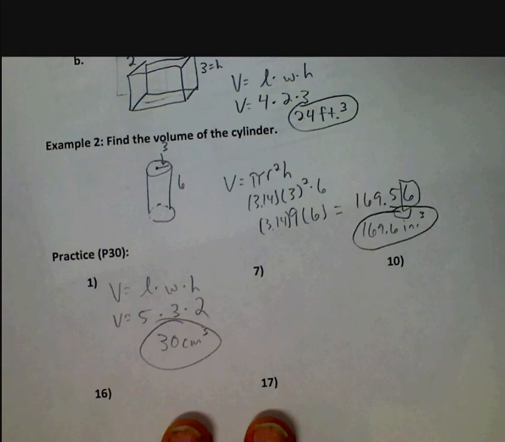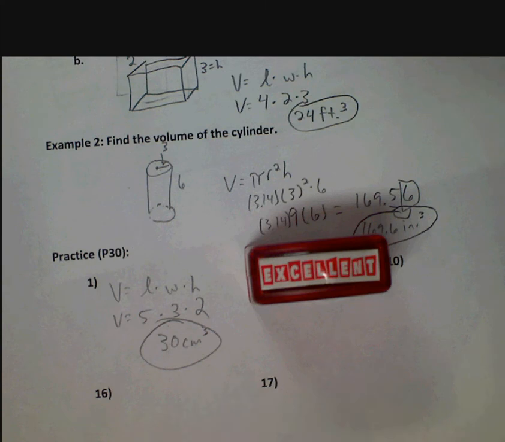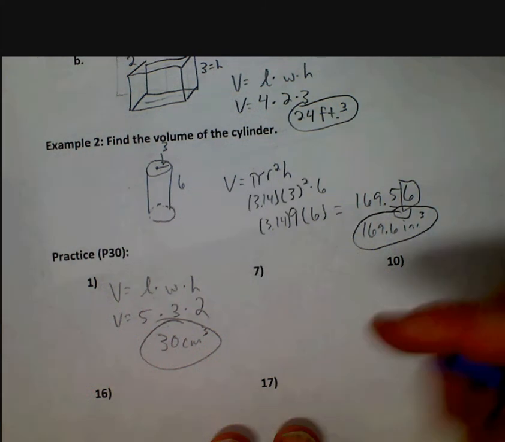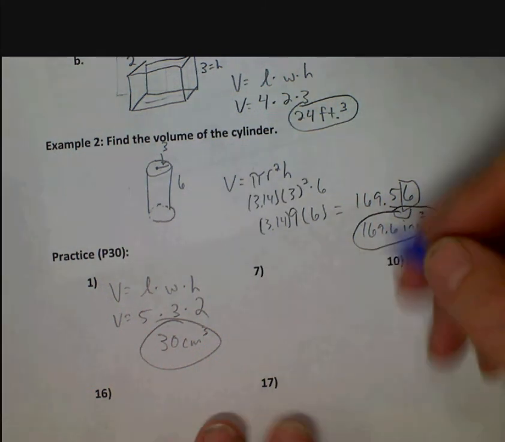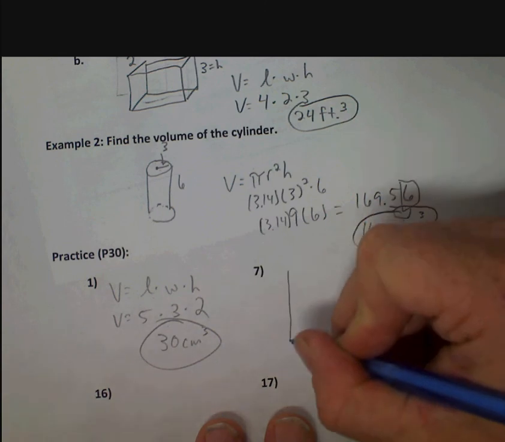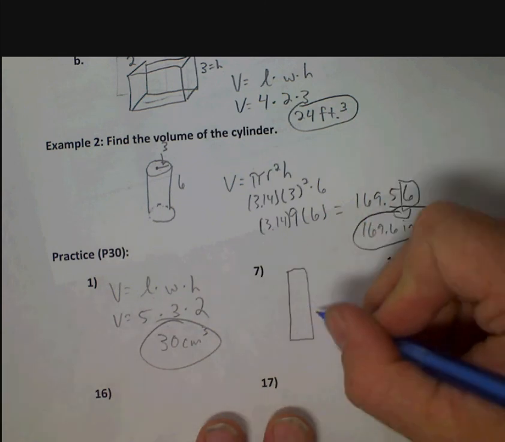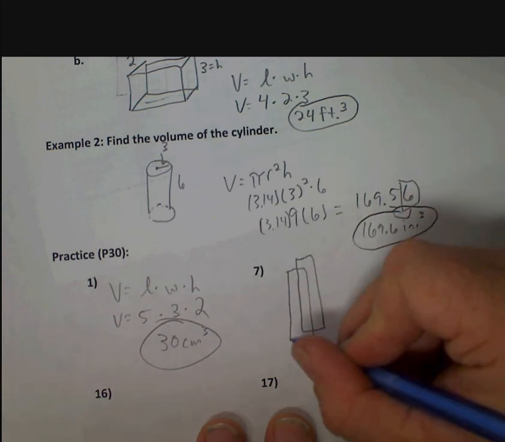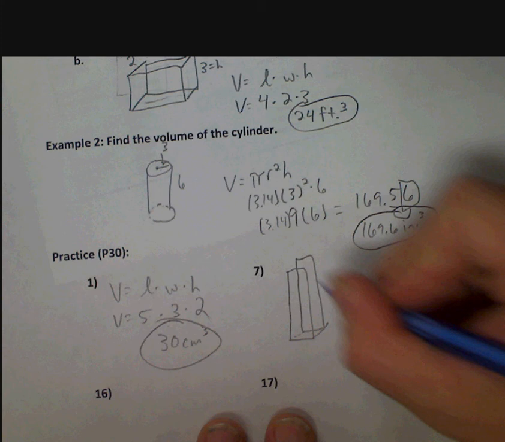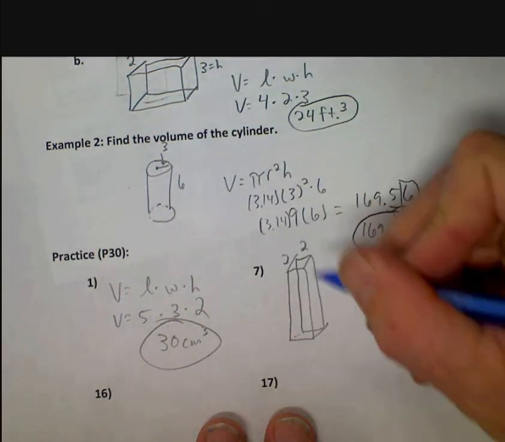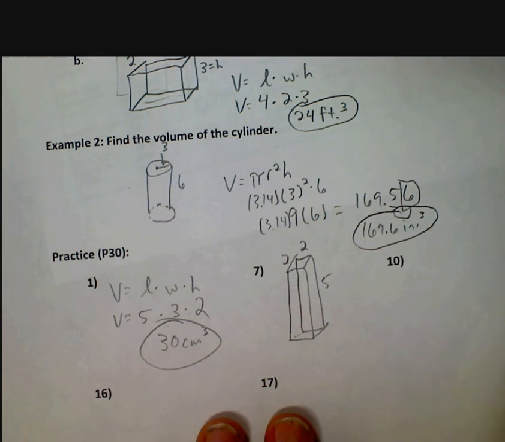Go ahead and try number 7 and pause the video. Number 7, I am given a rectangle that looks like this. You don't even have to draw these if you don't want to, because I don't need the picture to understand what they're asking, or I don't need the picture on my paper.